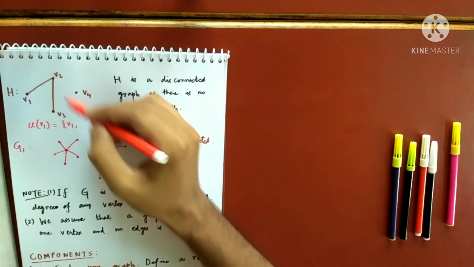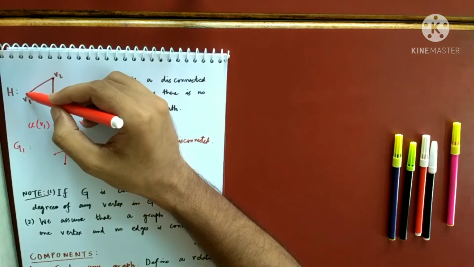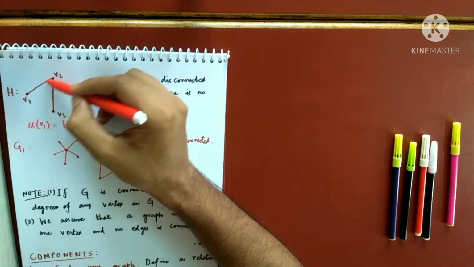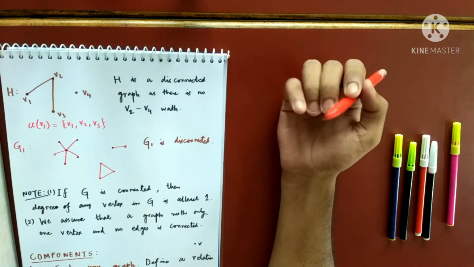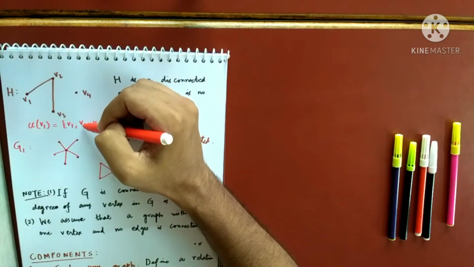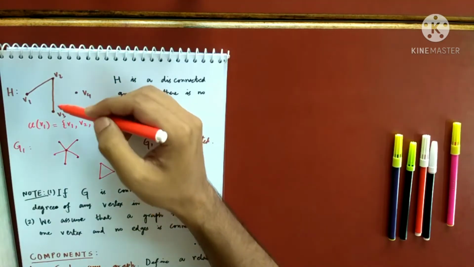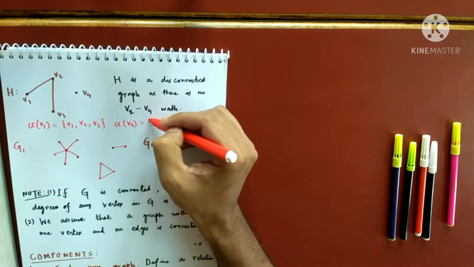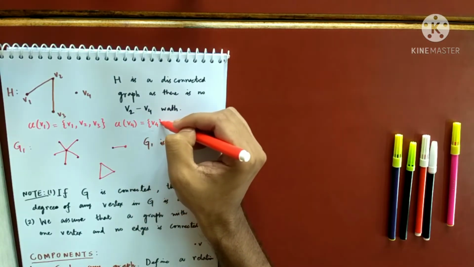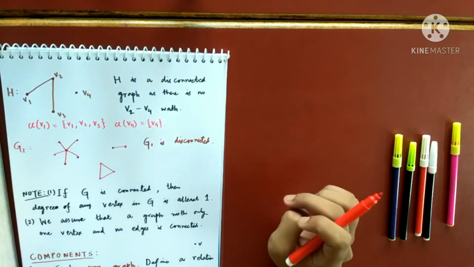Then V2 is definitely there, and V3 is also there because I can find a walk from V1 to V3, as you can see. So this is the equivalence class of V1. The equivalence class of V2 will also be the same, and the equivalence class of V3 as well. And the equivalence class of V4 is just V4. So how many equivalence classes are there? Only two equivalence classes for this graph.